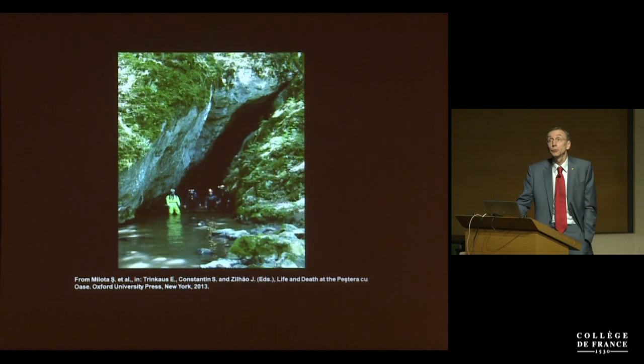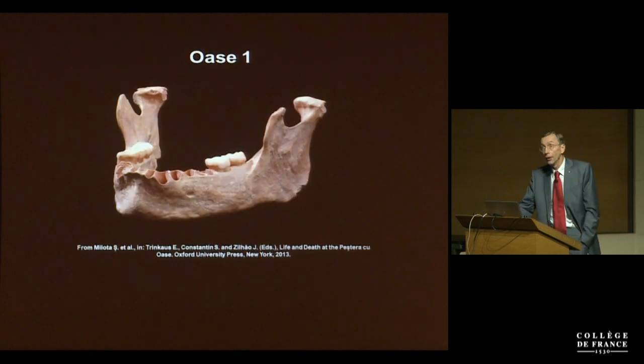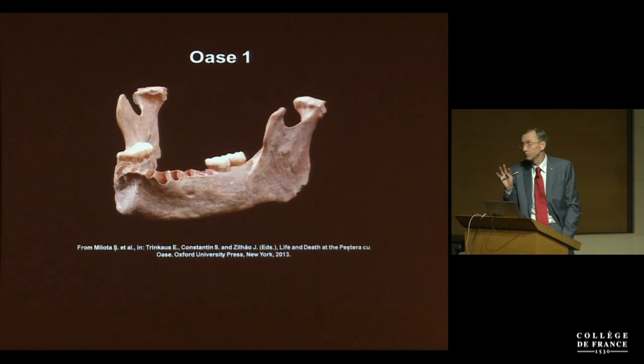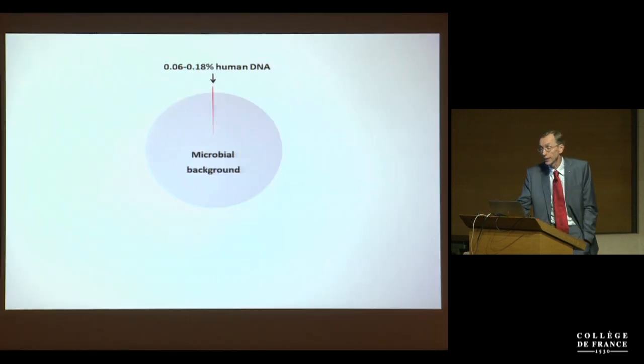And recently we've gotten more evidence of that when we studied a site in Romania, a mandible created by the devil in Romania, that is around 40,000 years old and looks like a modern human with some archaic traits. We studied the DNA in this specimen, and it's rather little endogenous DNA, much less than 1%.